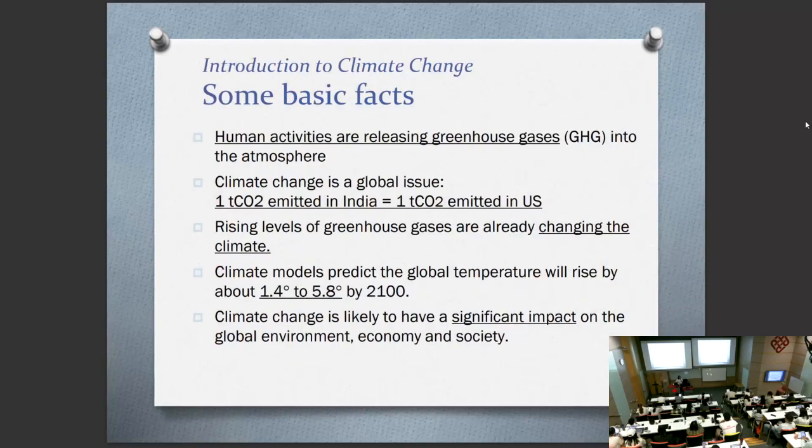Before we move on to other slides, let's learn some basic facts. Human activities are releasing greenhouse gases into the atmosphere. This is already a fact. When there are human activities, like here in this classroom, we are already releasing greenhouse gases.